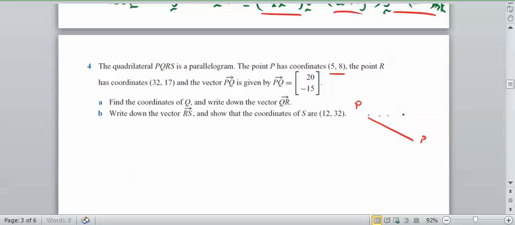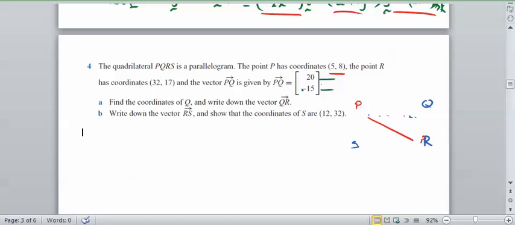I guess over here could be Q. We're going to draw it like that, or how are we going to draw it? Okay, but how does that work? Because PQ is the vector.